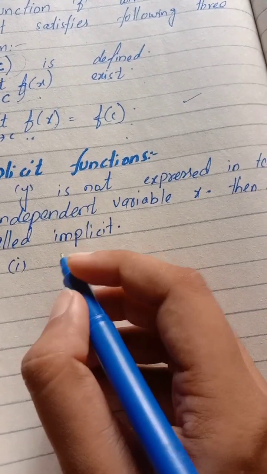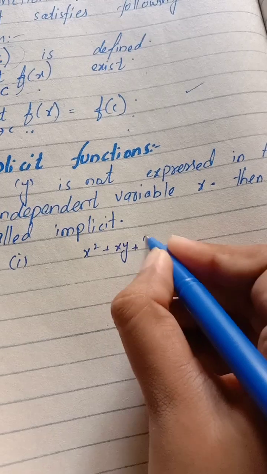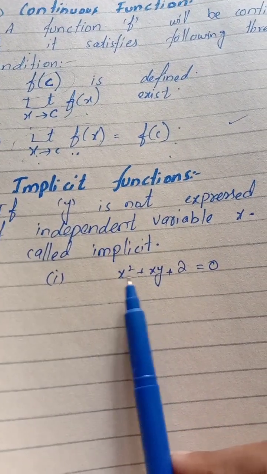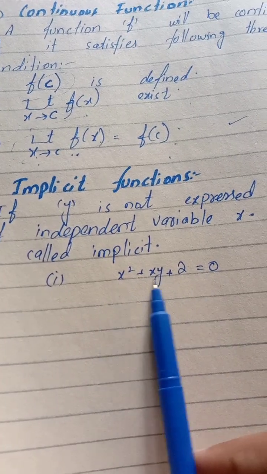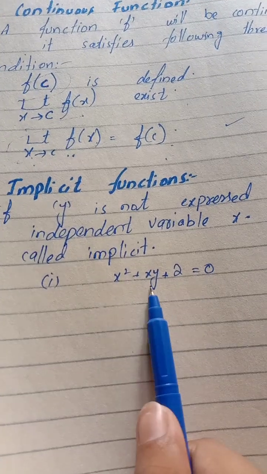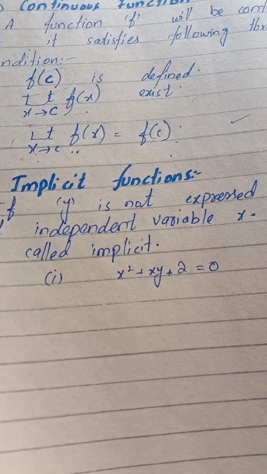Let's write an example: x square plus xy plus 2 is equal to 0. The point is that x and y are mixed, not separable. In this equation, x and y are not separable, so this equation is an implicit function.